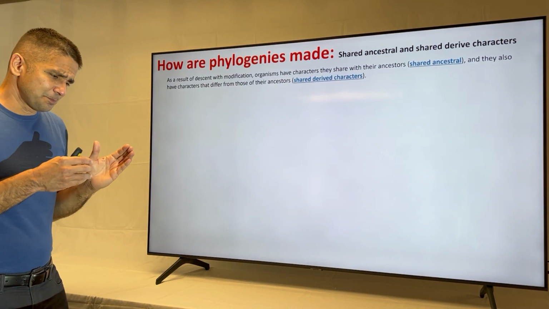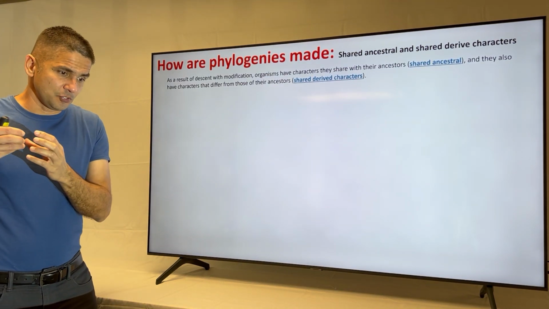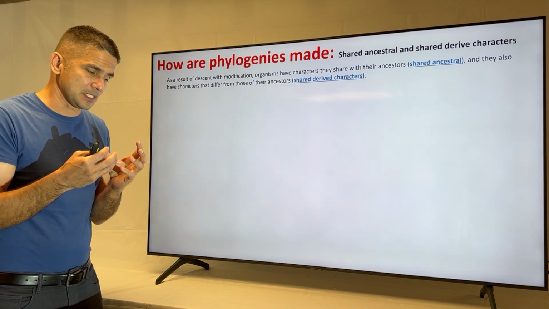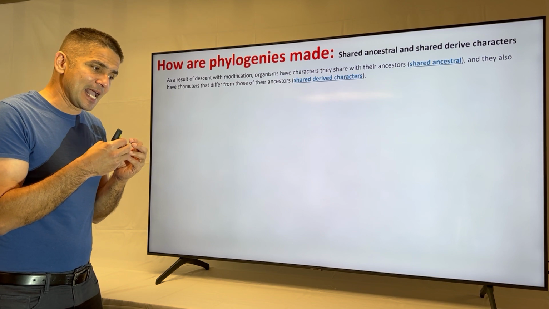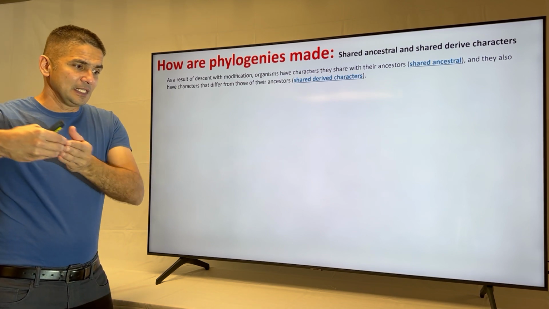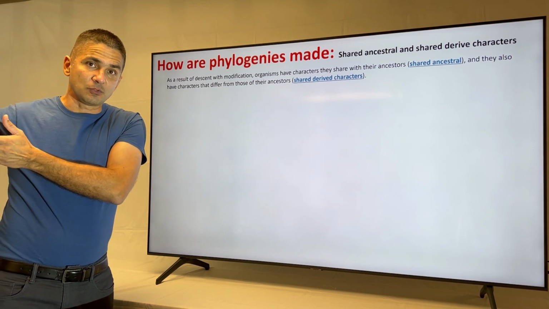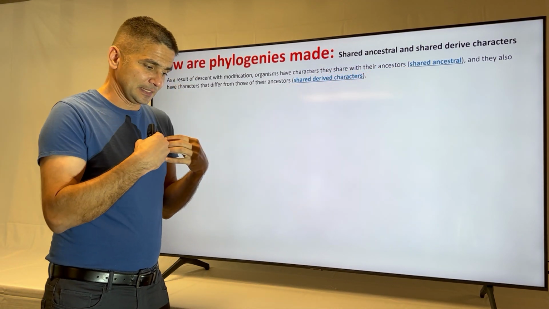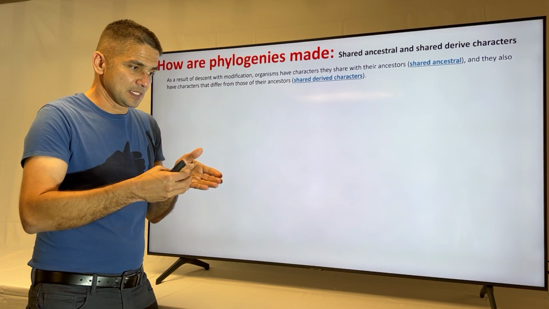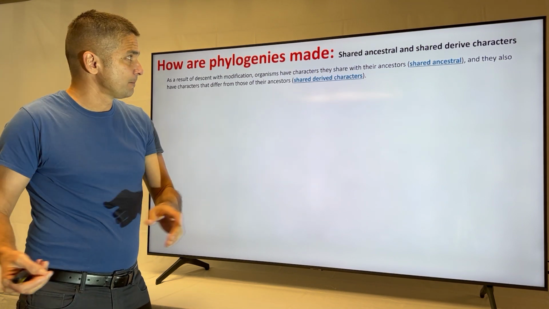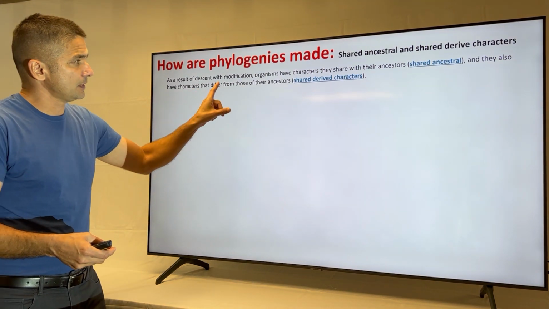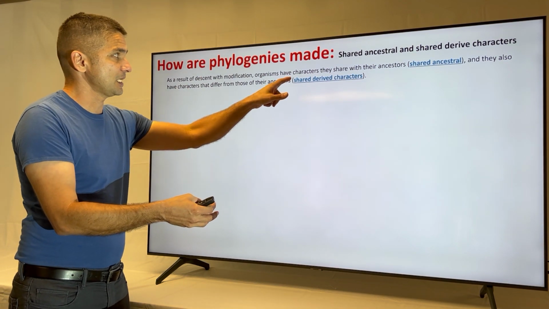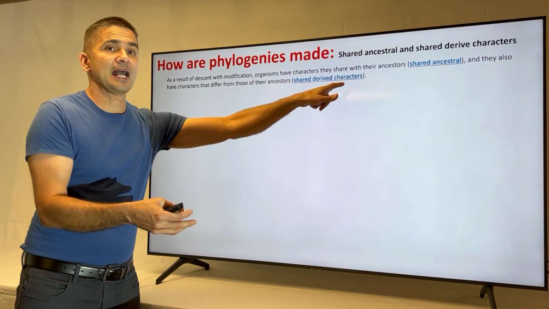When you accept the notion that was introduced by Darwin that all of the species come from a common ancestor, one of the things that you will find is that there are characters left on the species from the ancestral species where they come from. That's what is called shared ancestral characters. Again, these are characters that you see on individuals that are shared with the ancestor. And then you have another set of characters, which are new and specific to that species, and that's what is called shared derived characters.